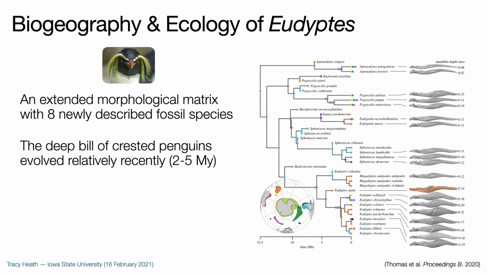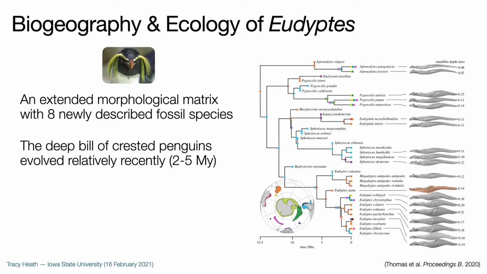Going back to what's really interesting about the evolution of the bill morphology in this genus, what we see is that the slender bill appears to be a much more ancestral trait that's more similar to the Megadyptes genus, whereas the living members of this genus are all feeders on particular species of krill.